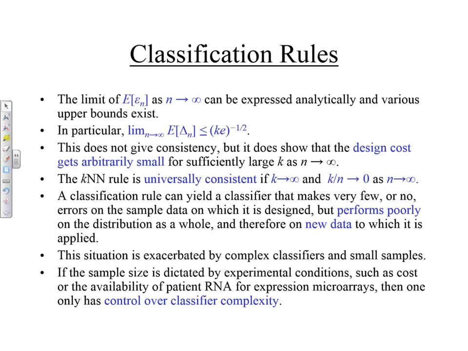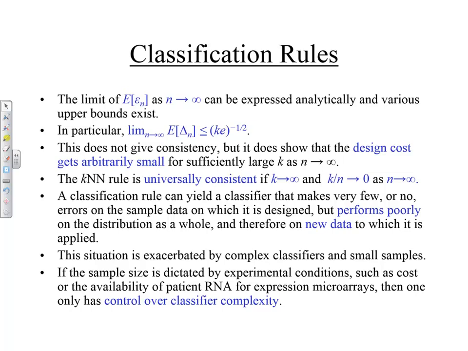Now a classification rule can yield a classifier which makes very few or no errors on the sample data on which it is designed, but performs poorly on the distribution as a whole and therefore on new data to which it is applied. This situation is made worse by complex classifiers in small samples. Because in the genomic signal processing domain, you are stuck with small samples, and on top of that, if you design complex classifiers, you have trouble.